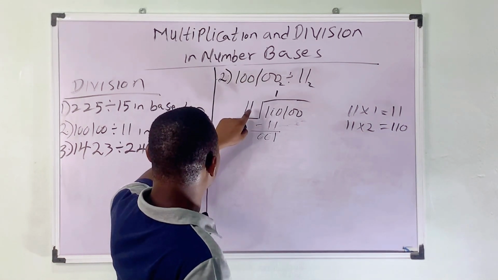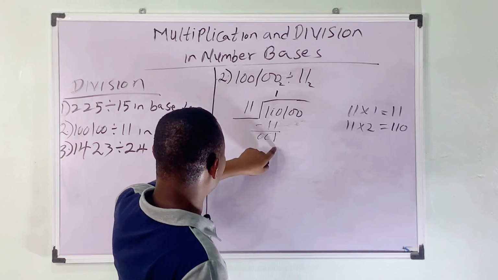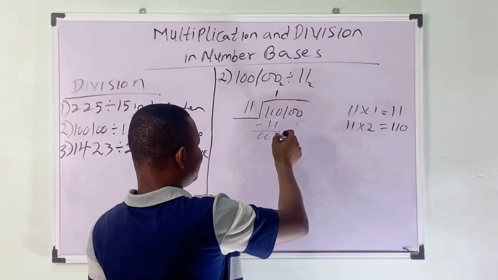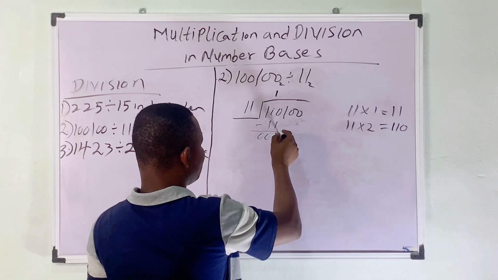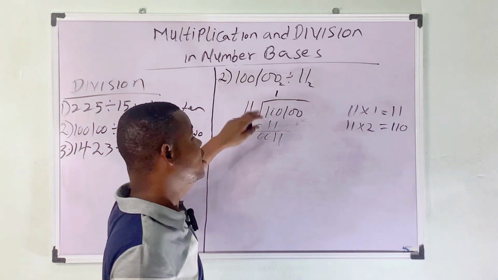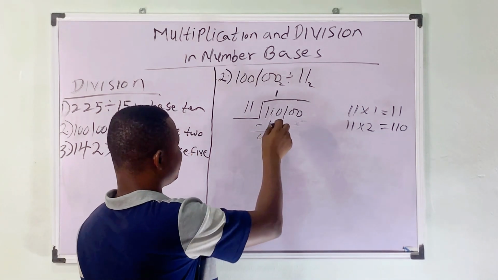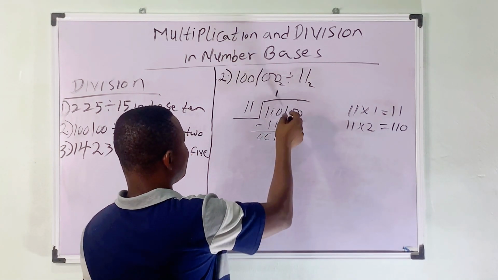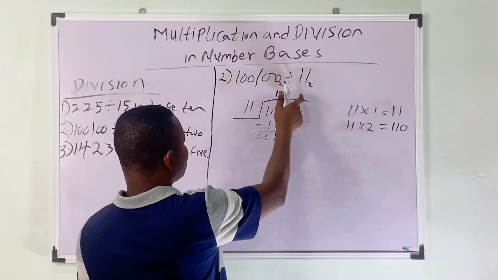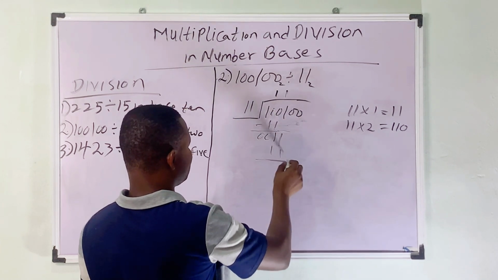Now, 11 into 1 is not possible. Then we bring down the next digit, which is 1. Excuse me, it is not 11 because we are operating in base 2. It is 1, 1. So 11 divided by 11 is 1. That is 11 times 1 will give us 11.